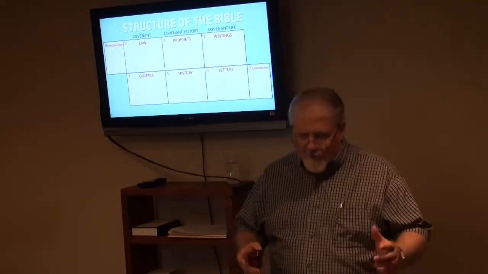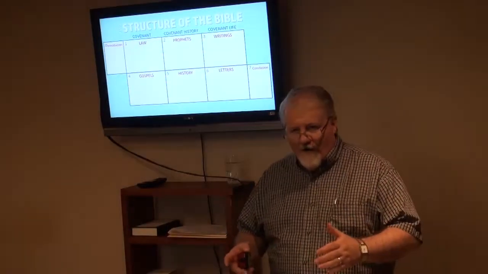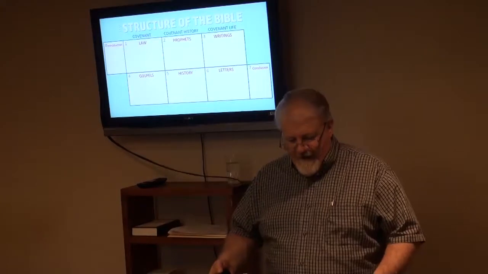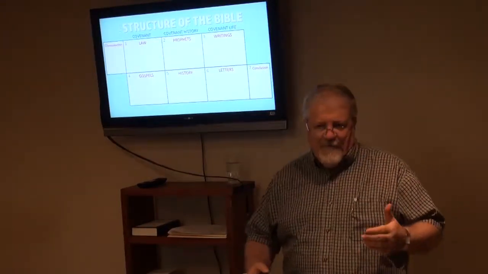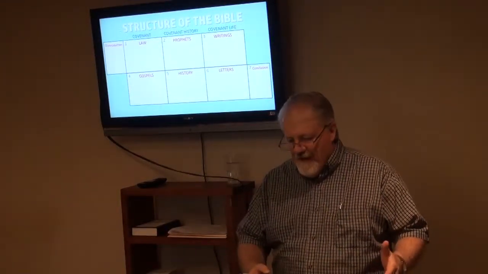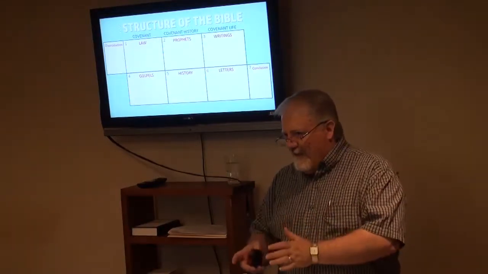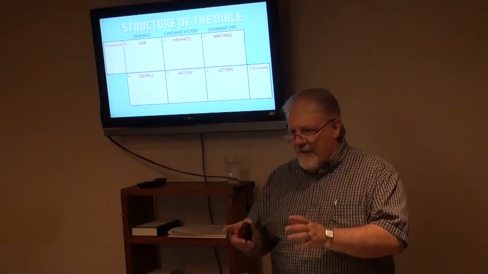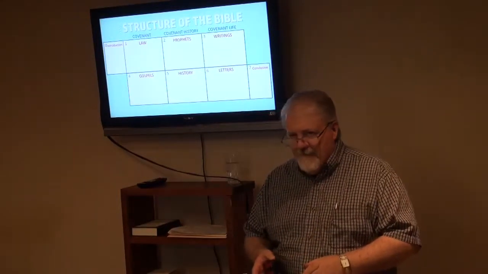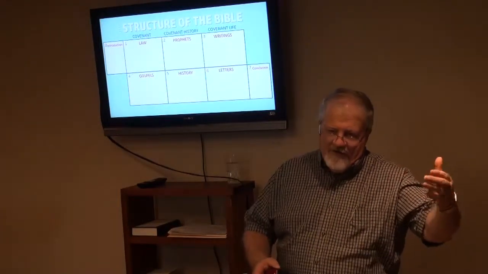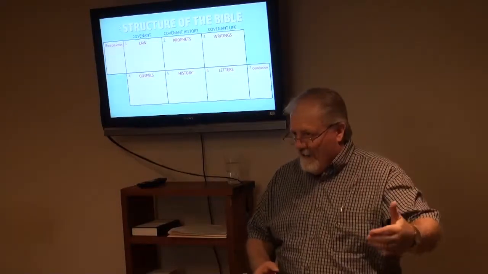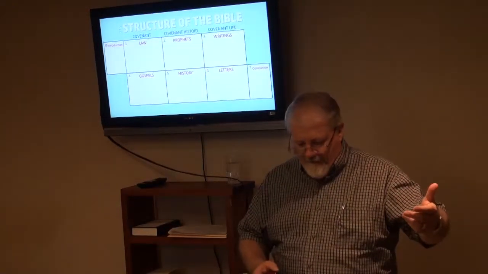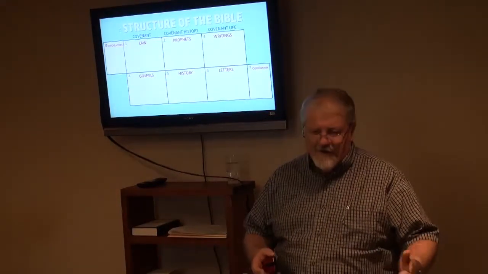So Genesis 1:1 to 2:4 is what we call the creation event. And it was written about 1,500 years before the canon of the Bible. Remember we said the canon of the Bible was probably completed by the time of Ezra and Nehemiah. So the creation event, in terms of what Moses wrote in the book of Genesis, was written about 1,500 years prior to that.